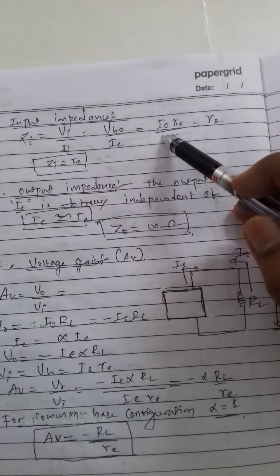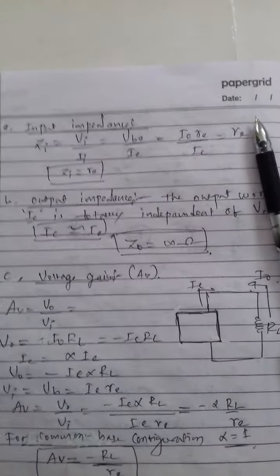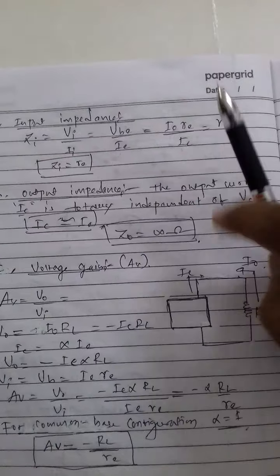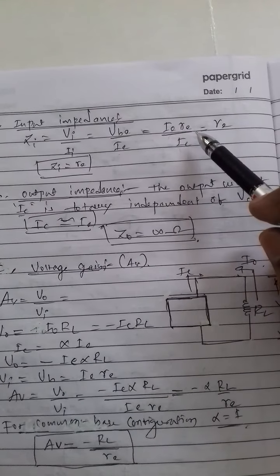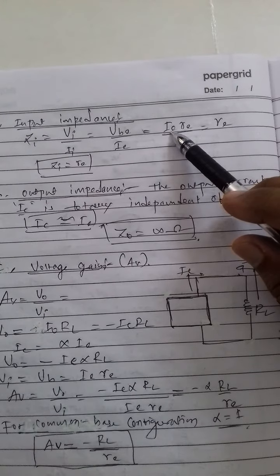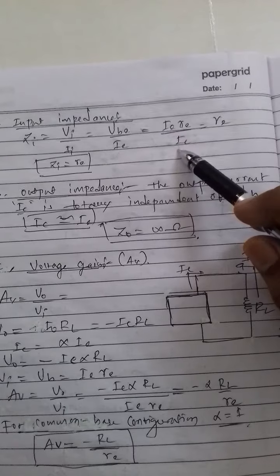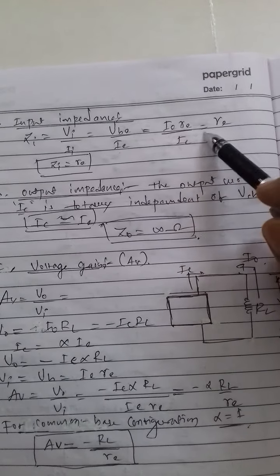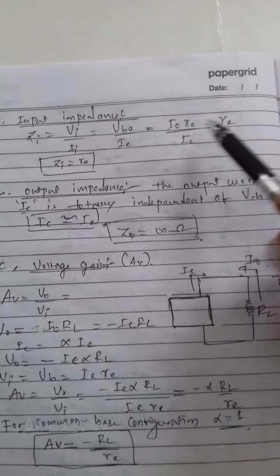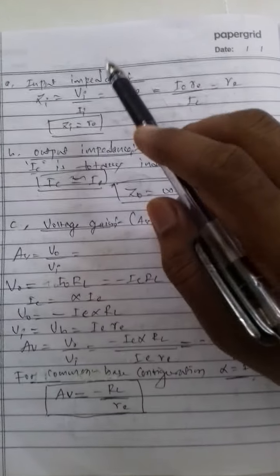Input voltage is equal to IE RE, because the input current for the common base configuration is the emitter current. From that, the input impedance is equal to RE, that is Zi is equal to RE.